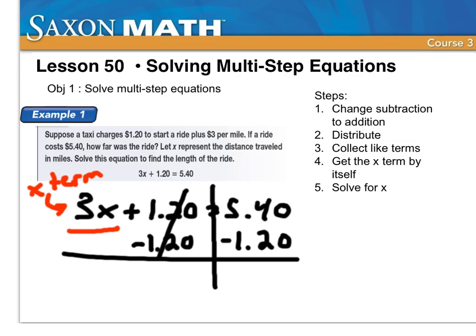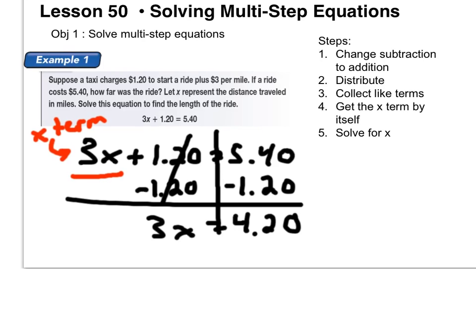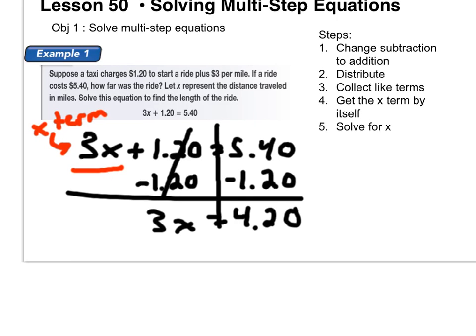And what that leaves me with now is my x term. And this time it's 3 x's. Okay? And then 5.40 minus 1.20. Well, that's 0, 2, and a 4. So I've got 3 times x equals $4.20 now.